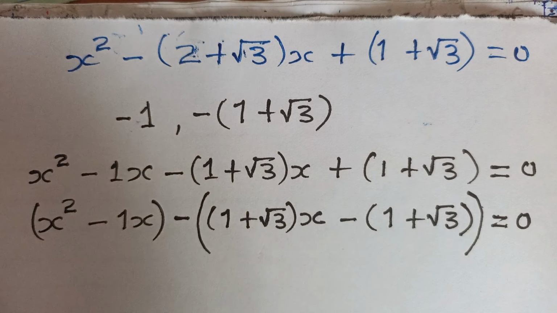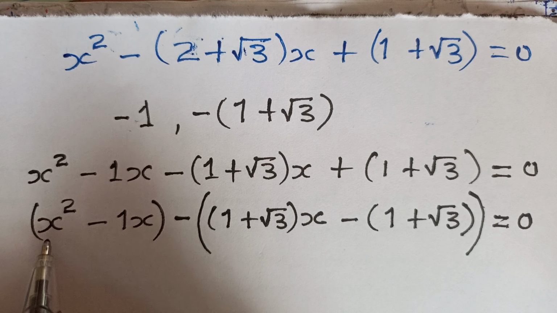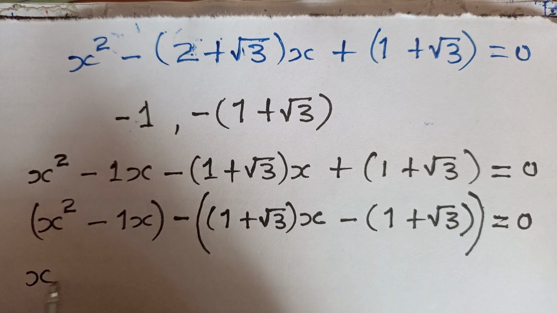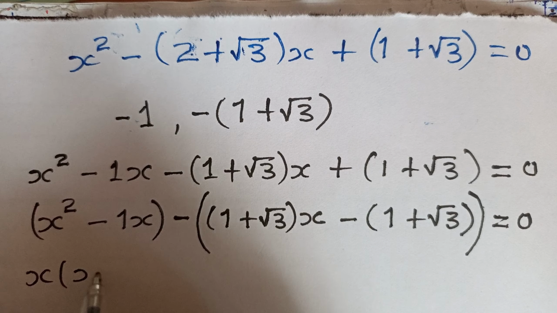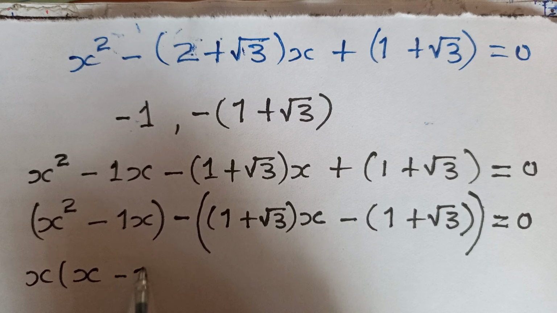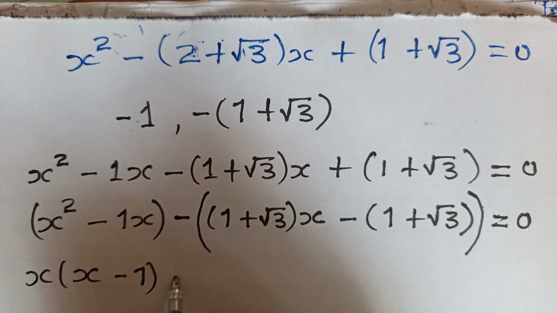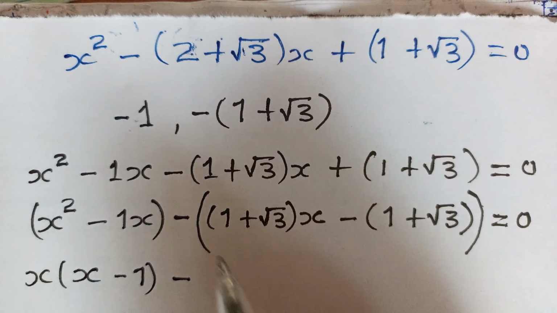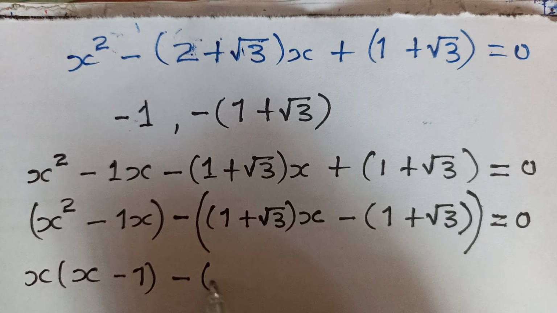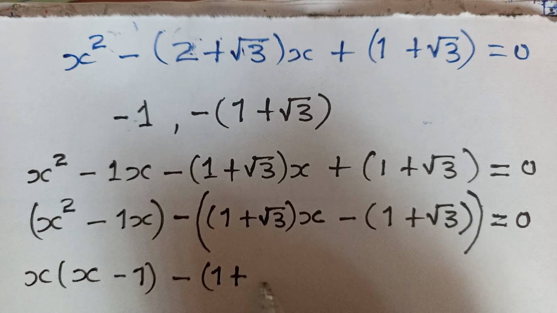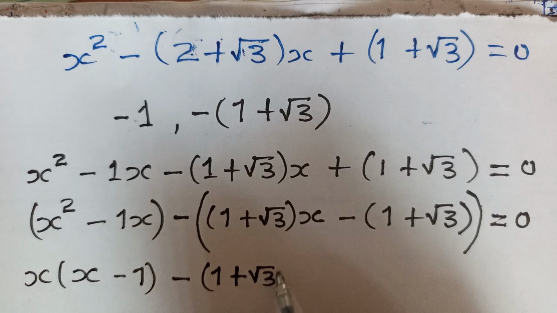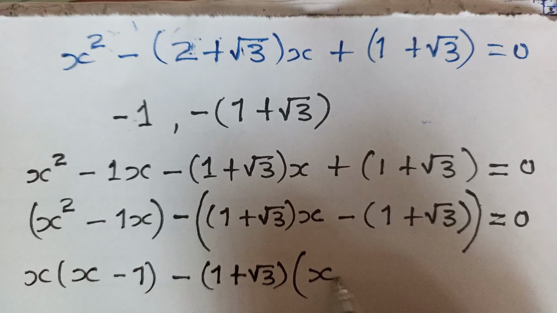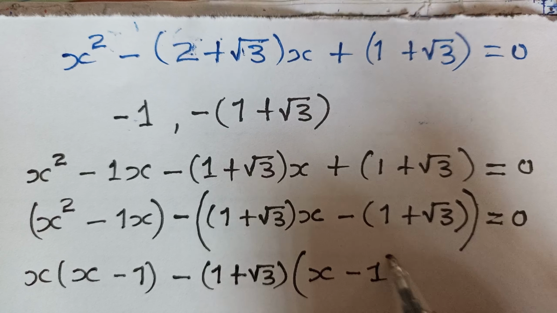So we now come, guys, and factor out x. You can factor out x here, and so we are left with x minus 1. Now minus, we factor out 1 plus root 3. So here we have 1 plus root 3. And then here we are left with x minus 1.